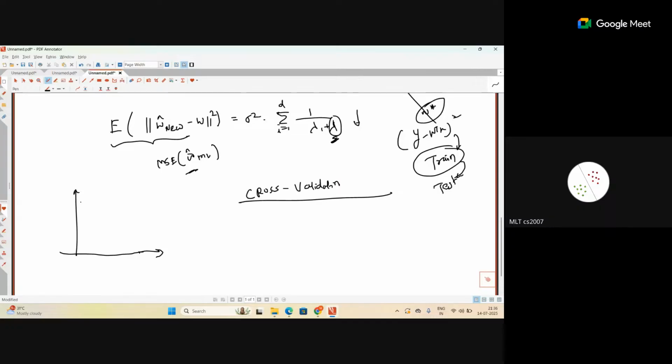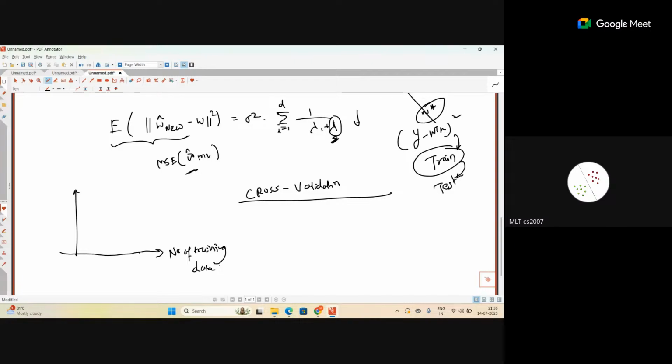I hope you know the training error, right? As you see more training data, this is not only related to the amount of training data. There is another term called model complexity.